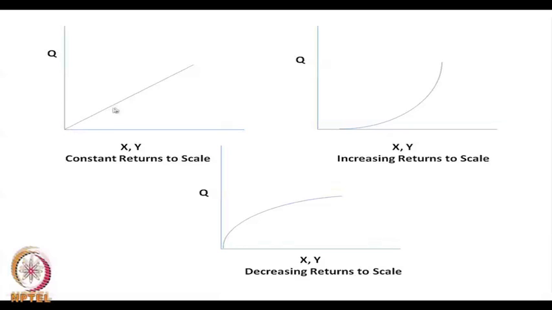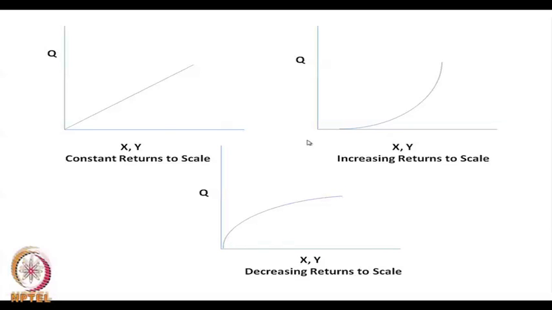So, this is a straight line, that is the constant returns to scale. Increasing returns to scale: for a change in x and y, q rises in a much bigger fashion, whereas here it is less. This is a case of decreasing returns to scale.